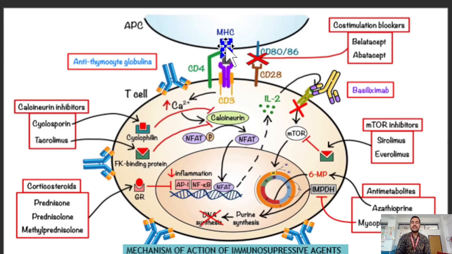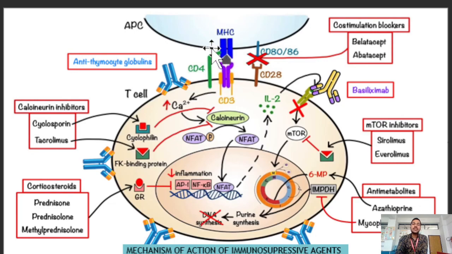Initially, when this APC binds, the CD4 and CD3 will bind together, and then the CD28 and CD80/86 will bind, and then immediately the signal transduction will happen through this MHC.